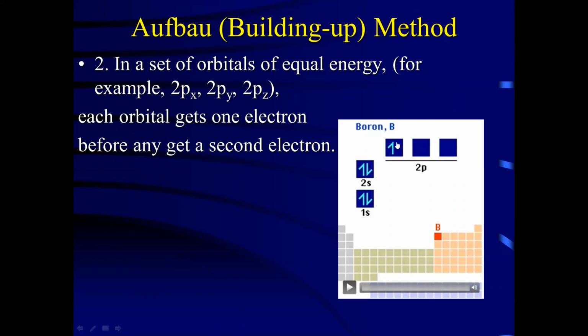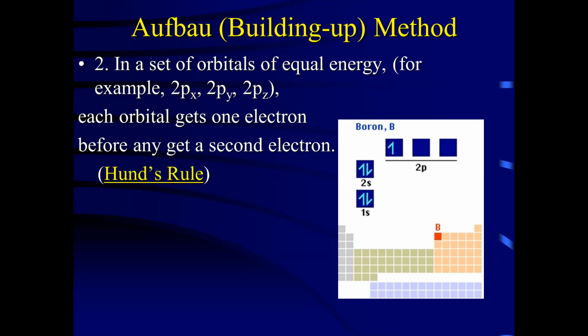Either I fill this electron here, or I can fill the electron here first, before I put the electron here. Which way is preferred, which is correct? Here it says each orbital gets 1 electron first, before any orbital gets a second electron.